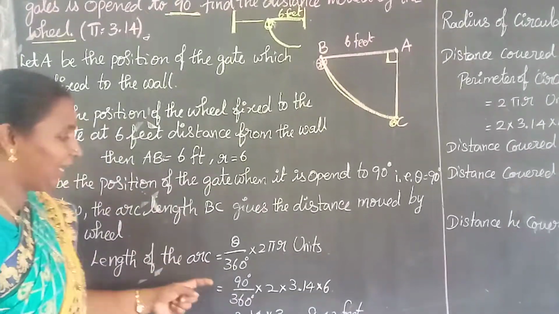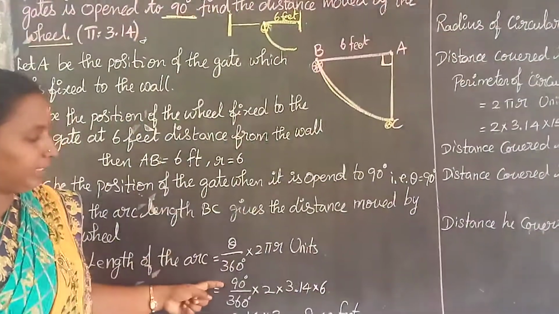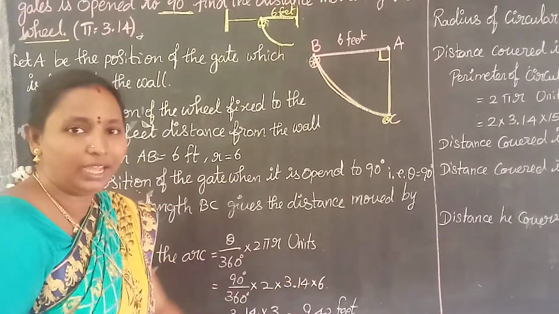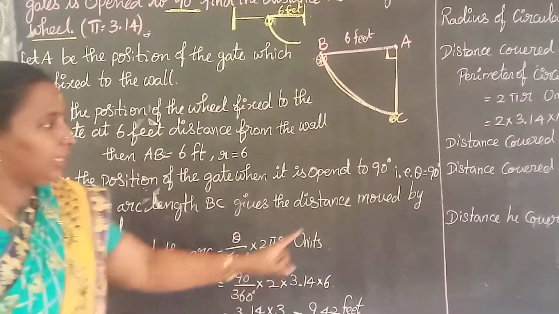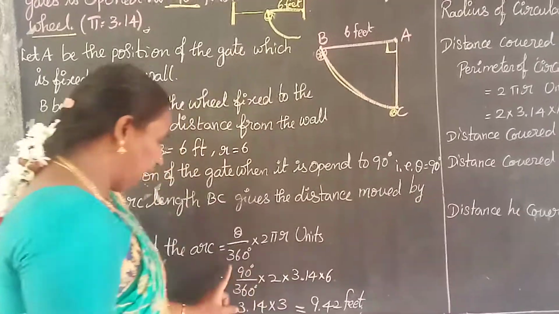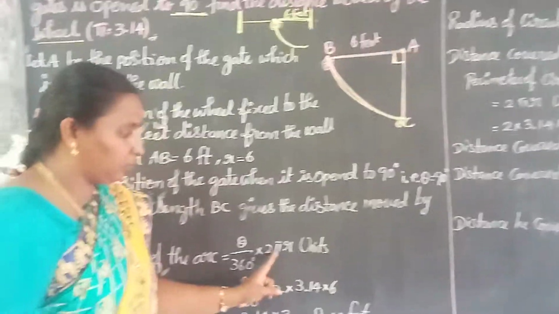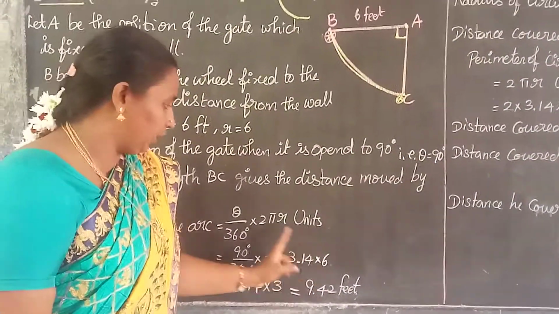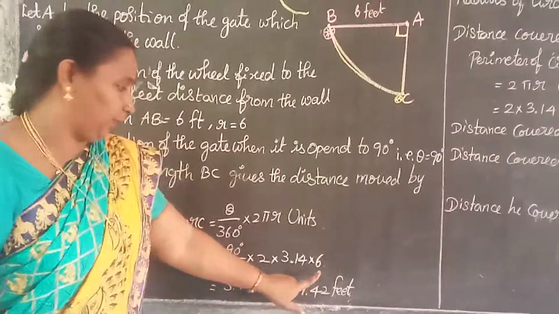So length of the arc equals, what is the formula? Theta by 360 into 2 pi r units. Here theta is 90 degrees. So 90 by 360 into 2 into pi value 3.14 into r, the radius, 6 feet. So write 6.